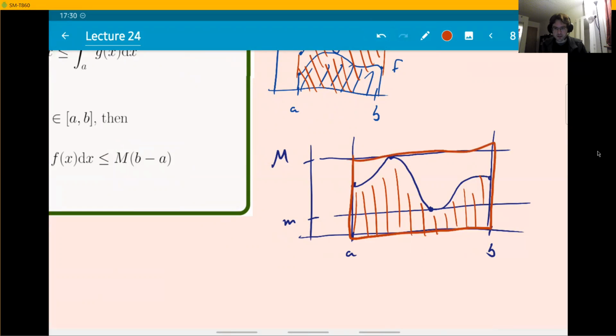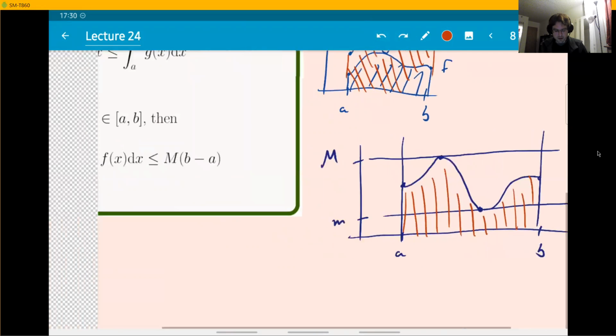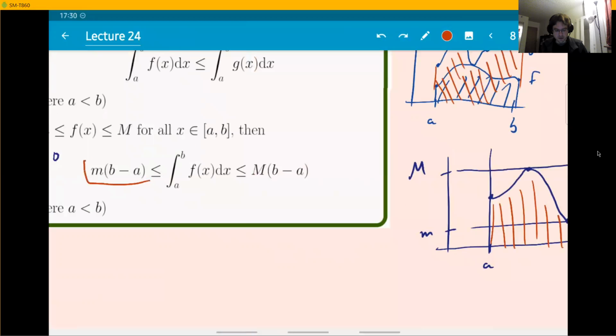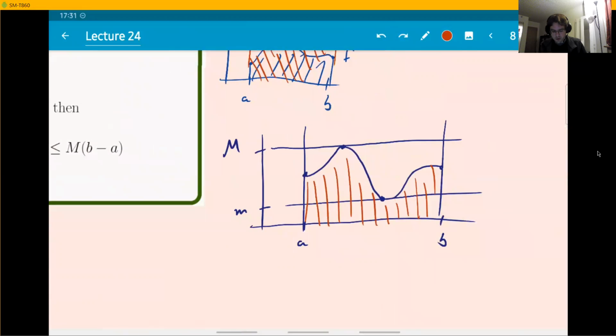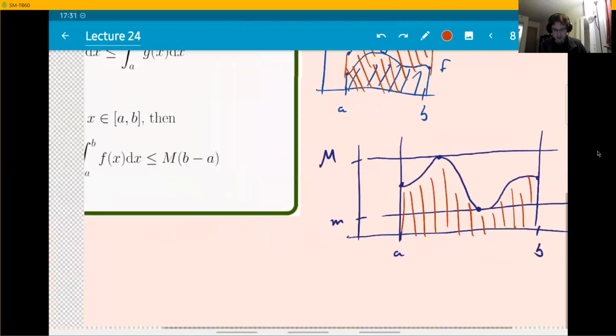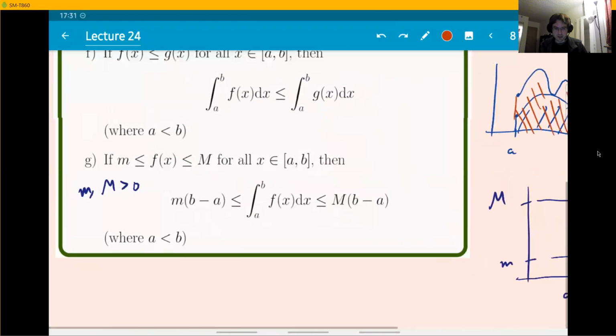We can see from the picture that, yes, the area under the graph of f is smaller than the entire rectangle. However, it's larger than this one, little m times (b minus a). What is that number? It's the area of the small rectangle down here. That one is an area contained inside of the previous one. So this is once again another property that's true geometrically like this.